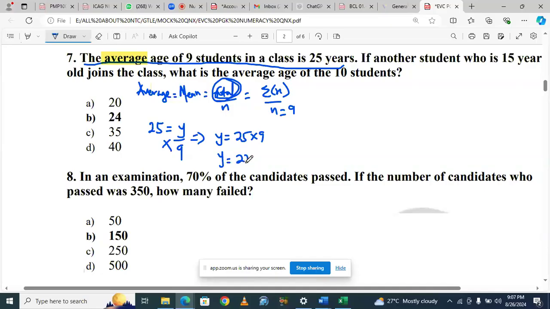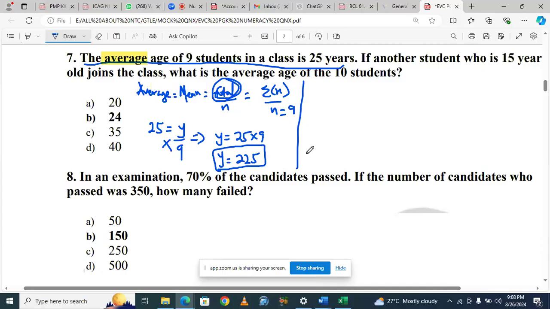Now, can someone explain what 225 represents? It is the summation of the current ages. Perfect. So the 225 there is a summation of all their ages. Now, having understood this, let us continue the question.